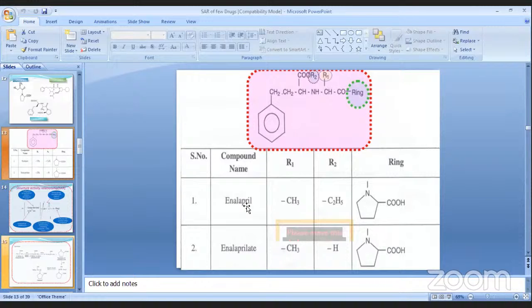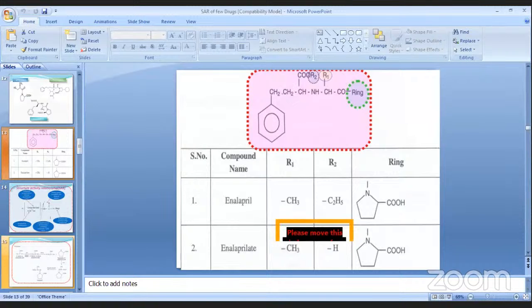The compound name depends on the substituents: if R1 is a methyl group and R2 is an ethyl group, with the pyrrolidine ring and the acid at the second position, this is enalapril. In the structure of enalapril, there are two substituents, R1 and R2, and a benzene is attached along with one ethyl group.